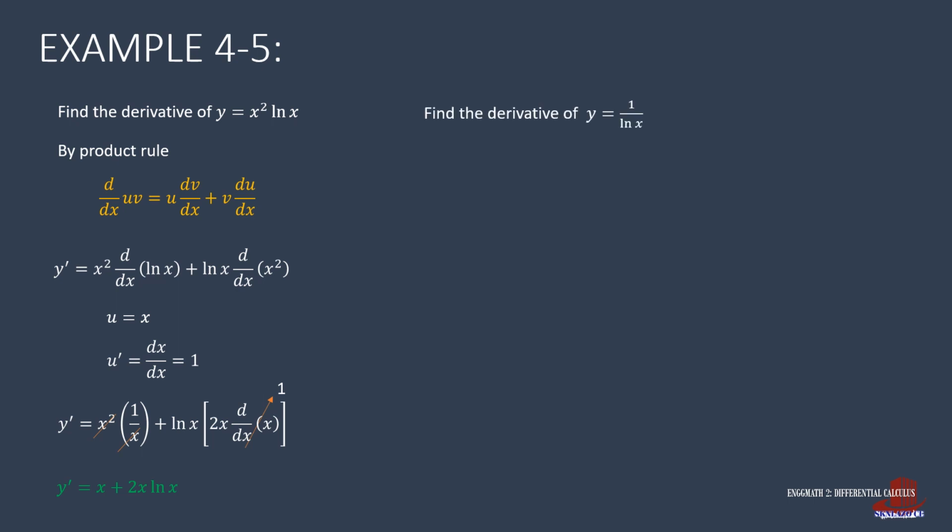Next is the derivative of y, which is equal to the reciprocal of ln x. The problem can be solved as ln of x raised to negative 1, and by power rule, we have y prime as negative 1 times ln of x raised to negative 1 minus 1 times the derivative of ln of x, where u is x and u prime is 1.